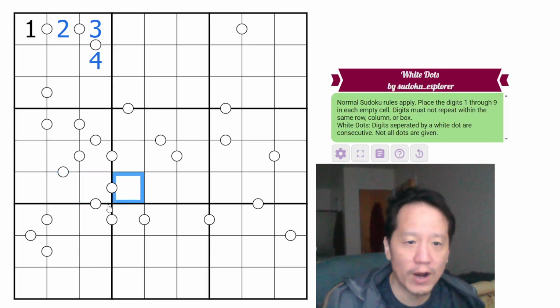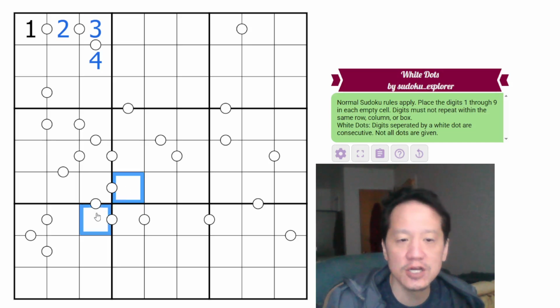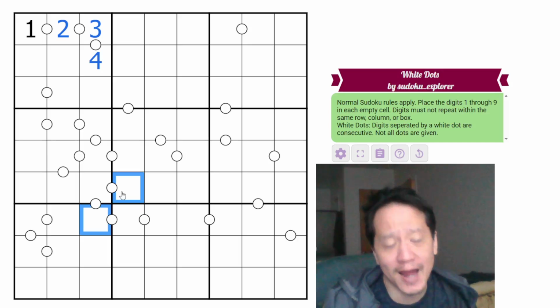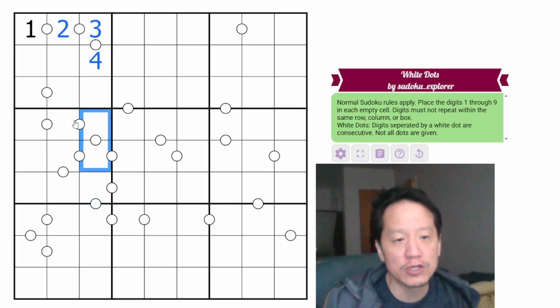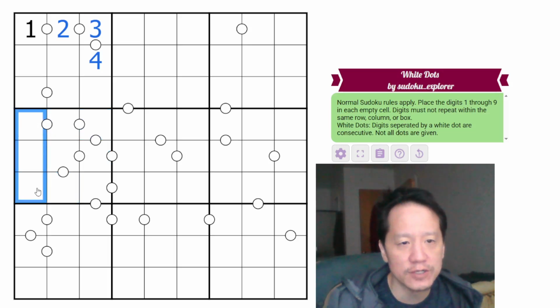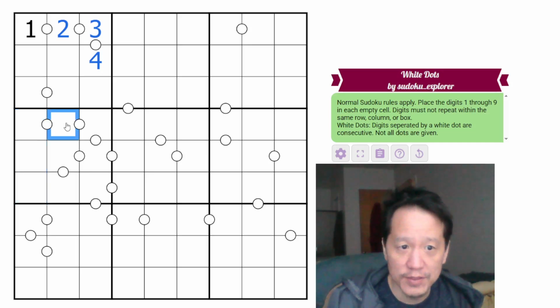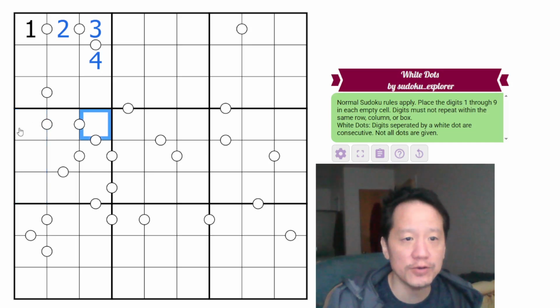And again, while it's consecutive with 2 digits, they could be non-unique. In fact, they have to be in this case, because there's no other place in this box to have a 1. Can't be any of these 3.